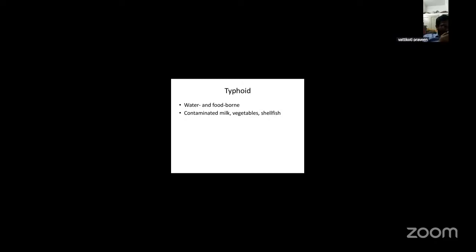What are the key symptoms of typhoid? Prolonged high fever, headache, weakness and fatigue, abdominal pain, and loss of appetite. Sometimes you see rose spots. What are the prevention methods for typhoid?